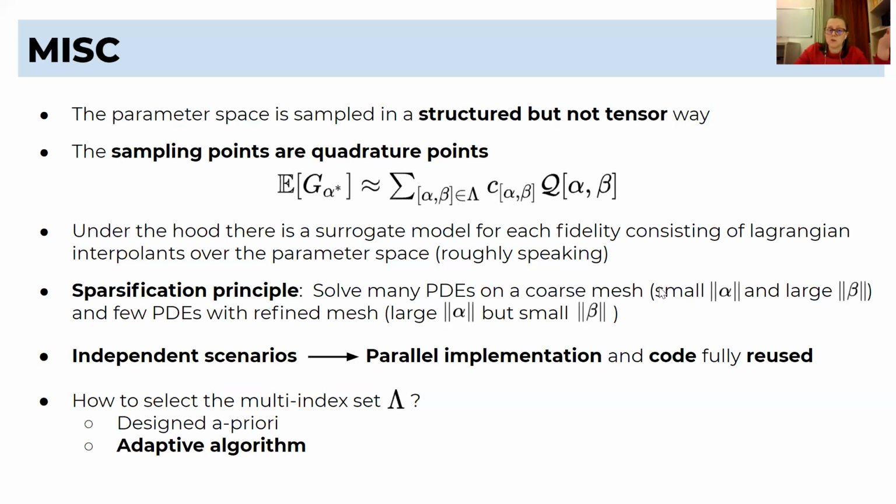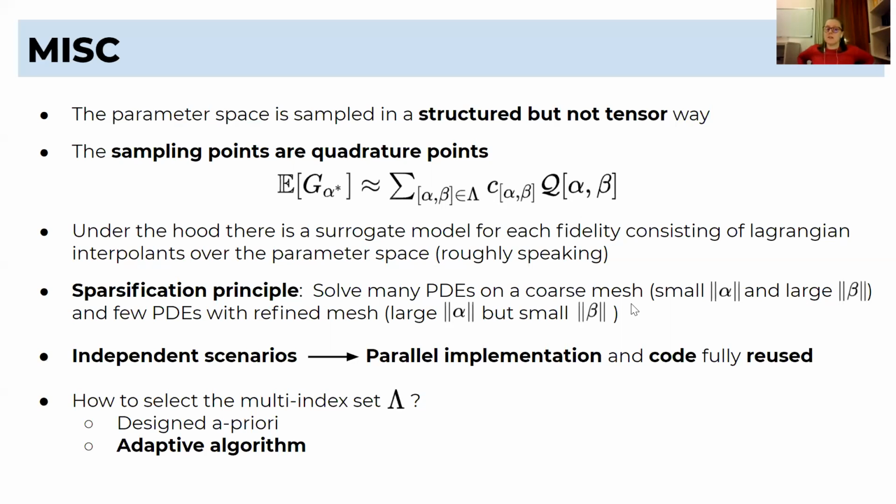So we solve many PDEs on coarse meshes and just consider few solutions over refined meshes, with large alpha and beta small.